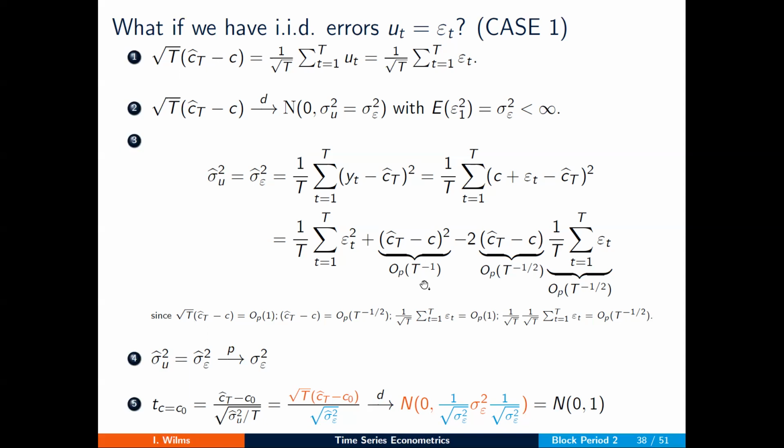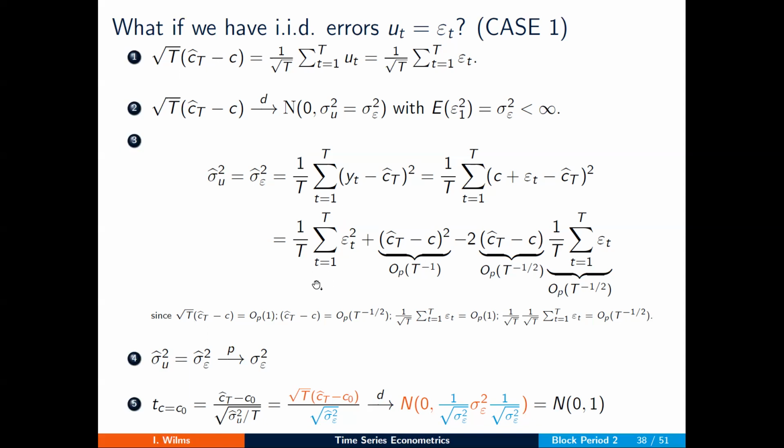Now, let's inspect all stochastic orders involved, and then you can actually see that if we let the sample size go to infinity, all of these terms become negligible, and only the first term is the dominant one.